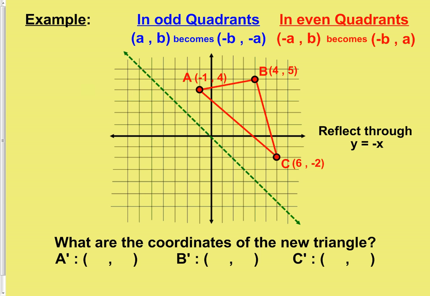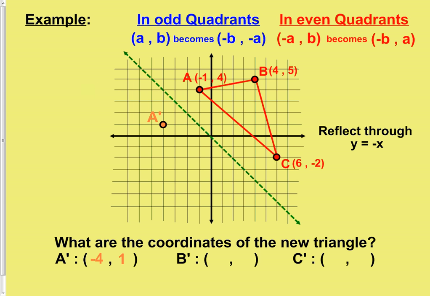So the 4 will come first and the 1 will come later, but we're going to leave the signs as they are. The first value will be negative, the second value will be positive. So that means A is going to be at -4, +1. So there is the coordinate for A prime.